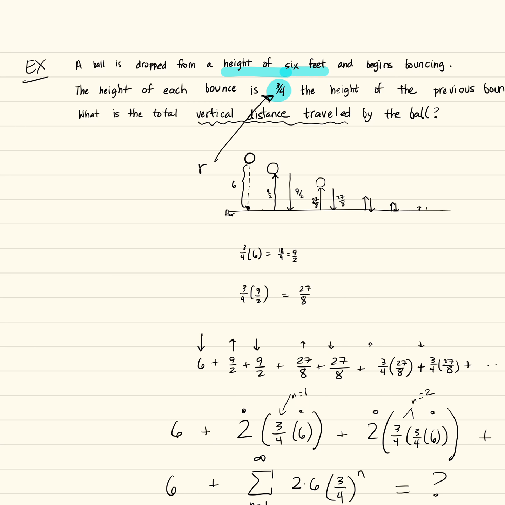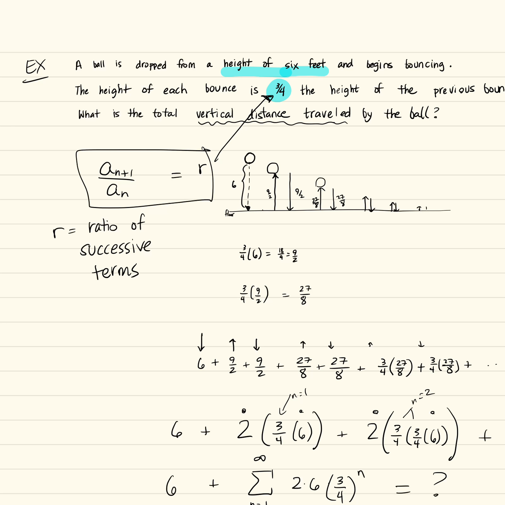So a sub n plus 1 over a sub n is equal to r. So r is referring to the ratio of successive terms. Okay, that's it.